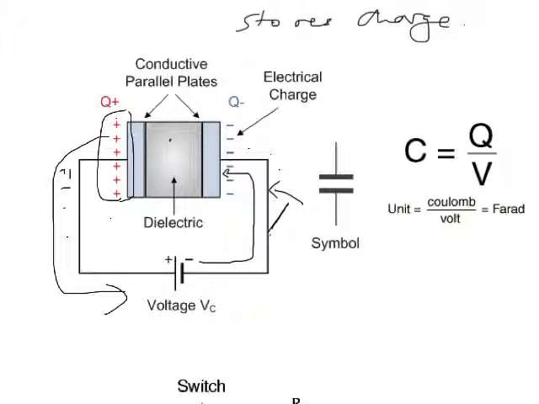This could happen in a matter of microseconds or seconds, depending on the capacitor that you're using. So, your capacitor ensures that as soon as you switch on the switch, the circuit stops flowing within a couple of seconds. What use is that?